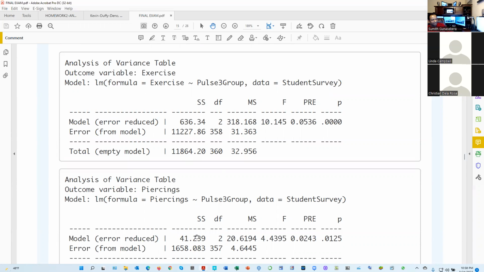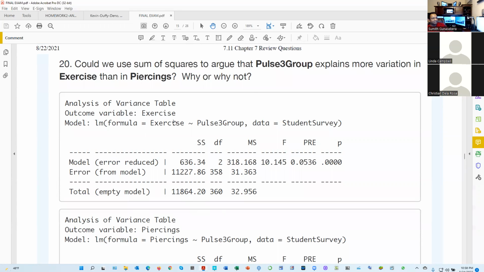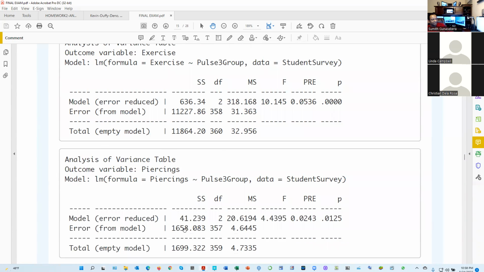Can I use this one and this one, compare these two, and then argue that the Pulse 3 group explains more variation in exercise than in Pearson? One is the exercise model, the other is the Pearson model. This is exercise, and this is for Pearson, the outcome variable.